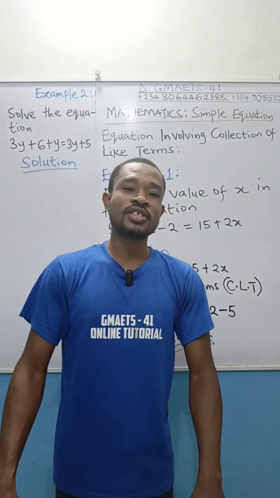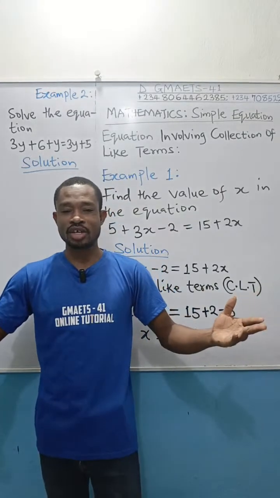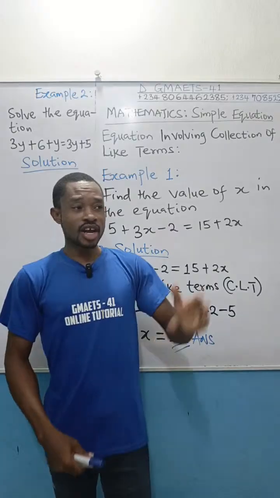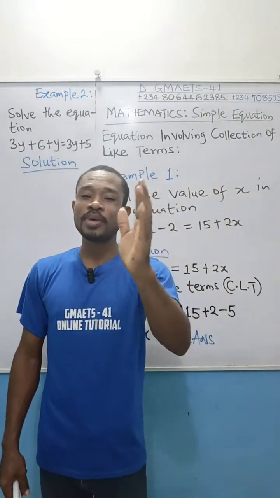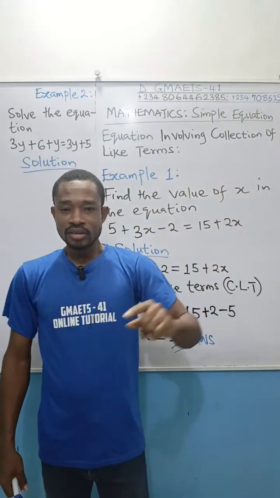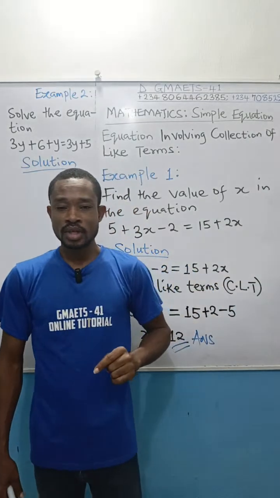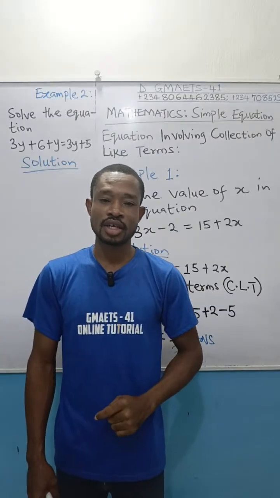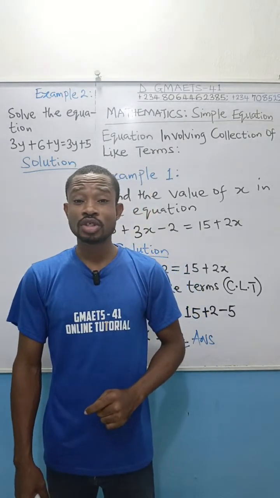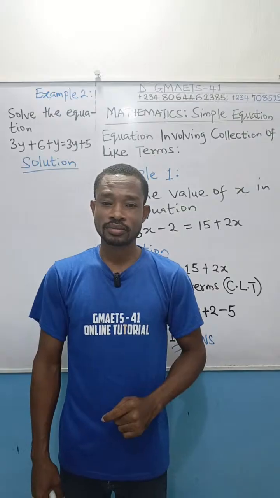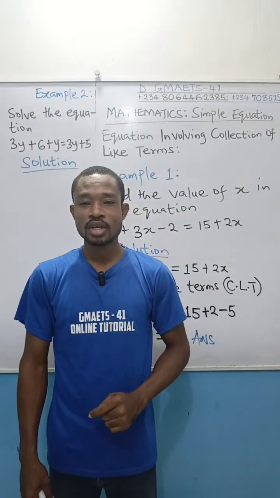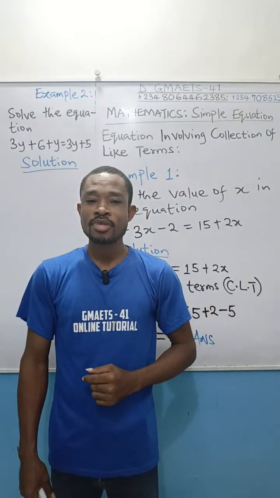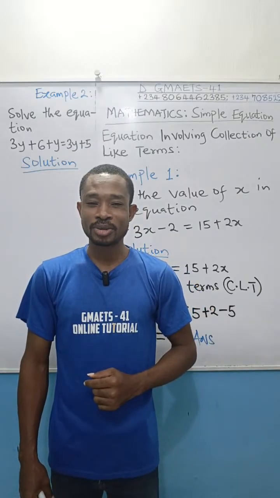If you come to shape, I give you something about a triangle and ask you the area of a triangle. Area of a triangle A is equal to half base times height. I can give you the area, give you the base, and tell you to calculate the height of the triangle. If you don't know simple equation, you cannot solve that question. Let us say the perimeter of a rectangle.